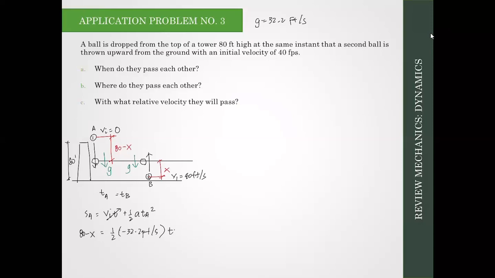Times yung time natin na unknown din. So, simplify natin, 80 minus X is equals to... Dapat pala, since yung motion natin is pababa, and yung gravity natin is pababa, so same motion siya, dapat positive na lang to.